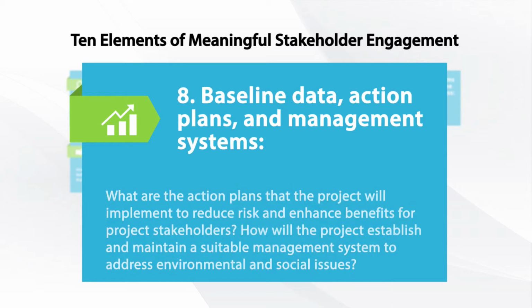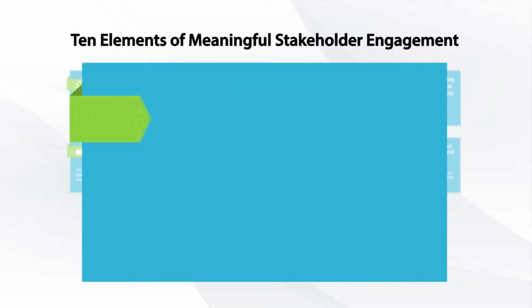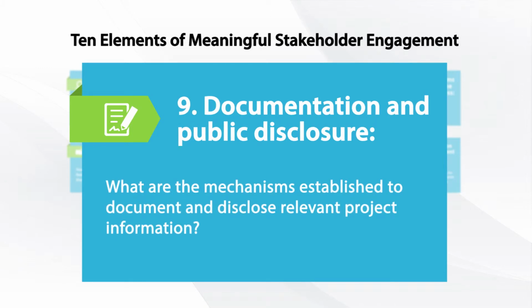We need to develop action plans for the project, and those plans need to be based on proper data and embedded in the management system as we have mentioned before. This is element number 8. How will the project establish and maintain a suitable and adaptive management system to continue to address environmental and social issues? Element number 9 covers documentation and public disclosure.